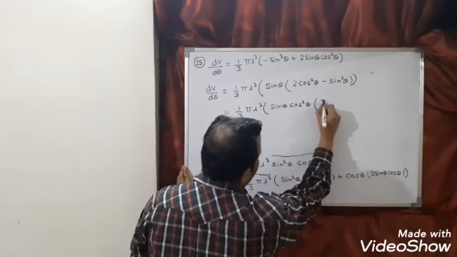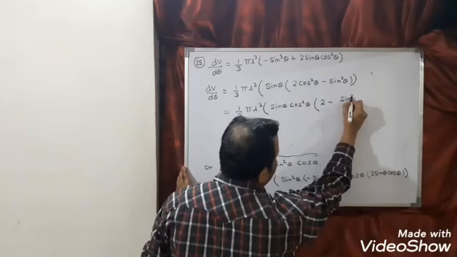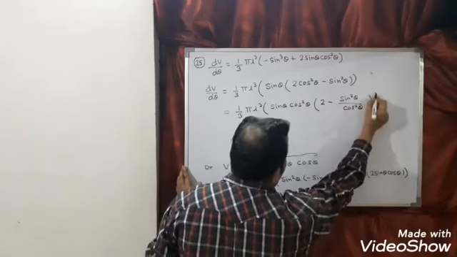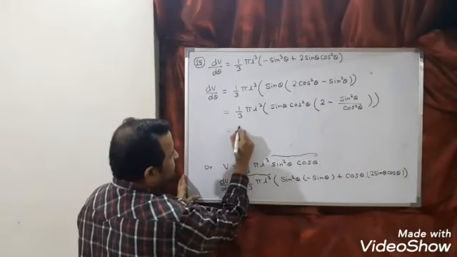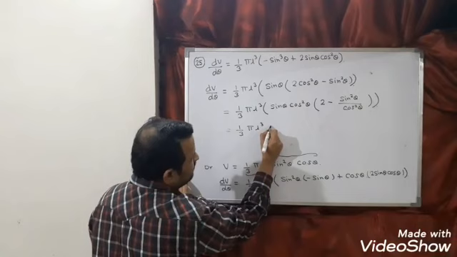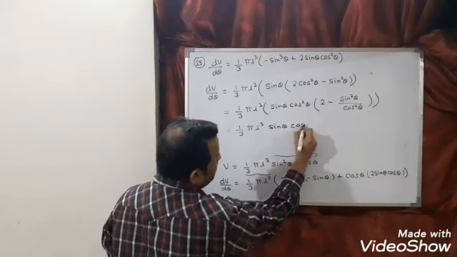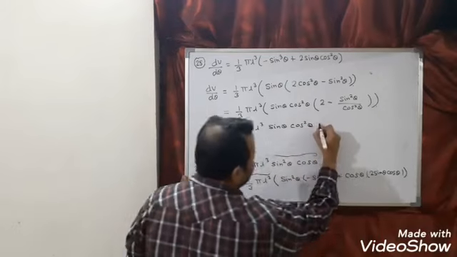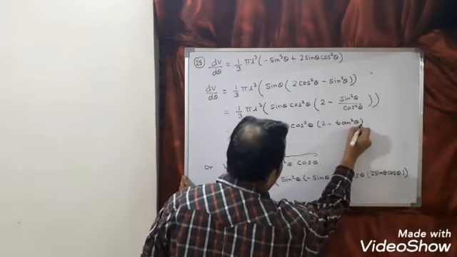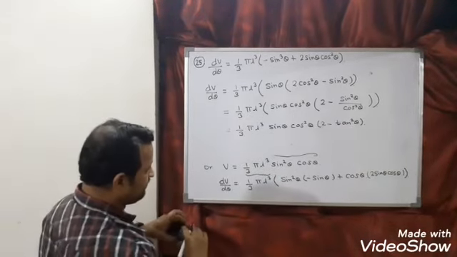So here what you will get? 2 minus sin square theta divided by cos square theta, or this we can write as 1 by 3 pi L cube into sin theta cos square theta, and this we can write as 2 minus tan square theta. Question is what? Maximum volume. Yes sir.